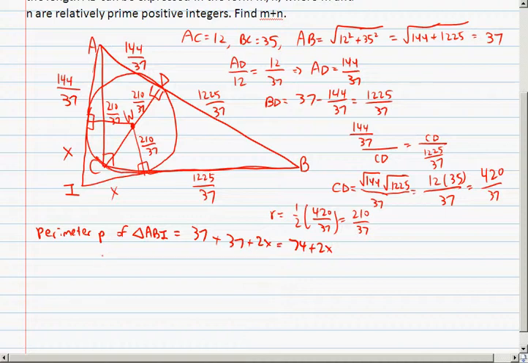And the semi-perimeter, little s, of ABI would be half of that, or 37 plus x.